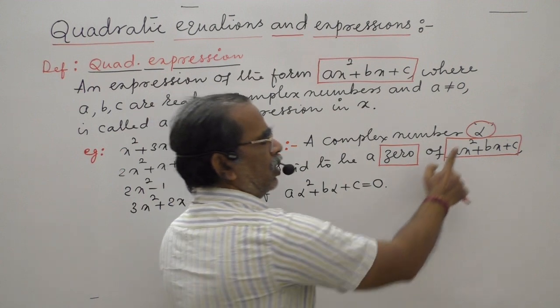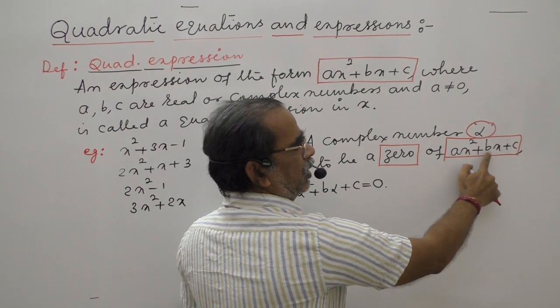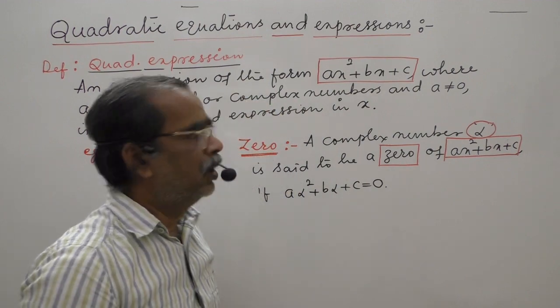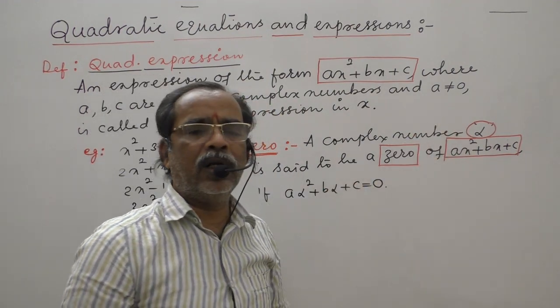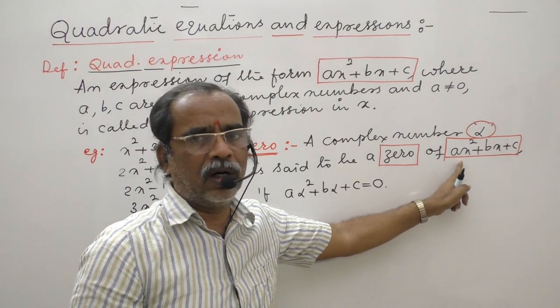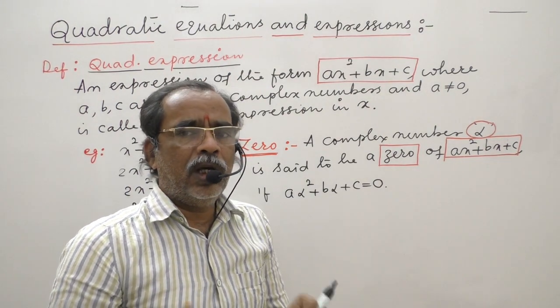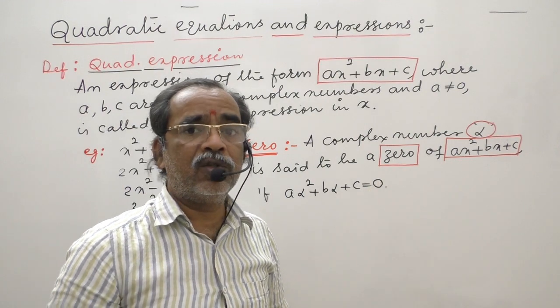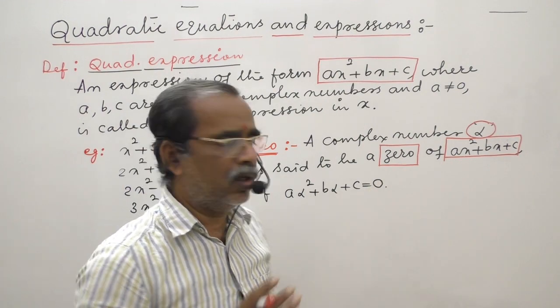That means if you substitute alpha in the expression, this must be equal to 0. Then this complex number is called a zero of this quadratic expression. Equations will have roots, expressions will have zeros.